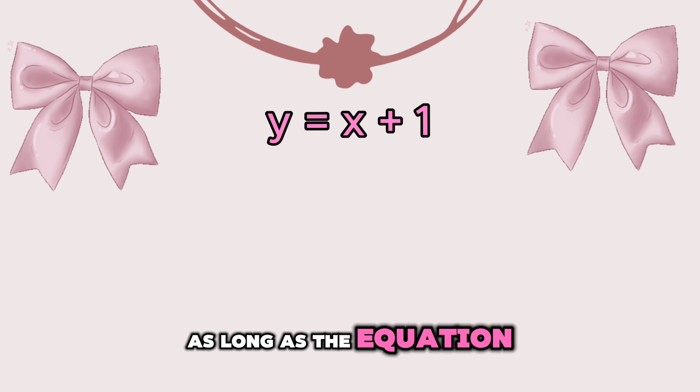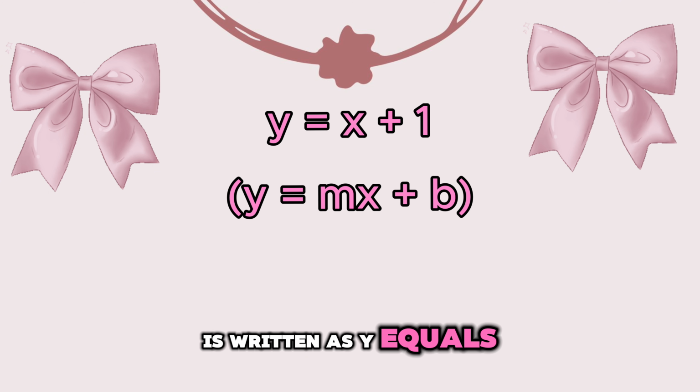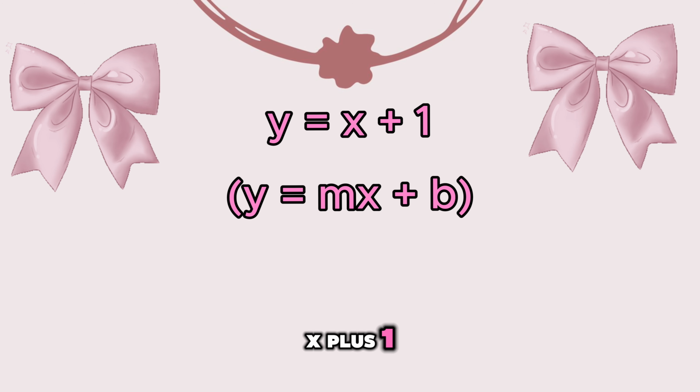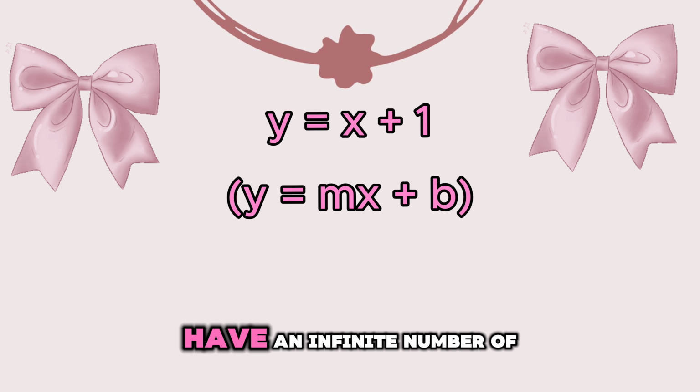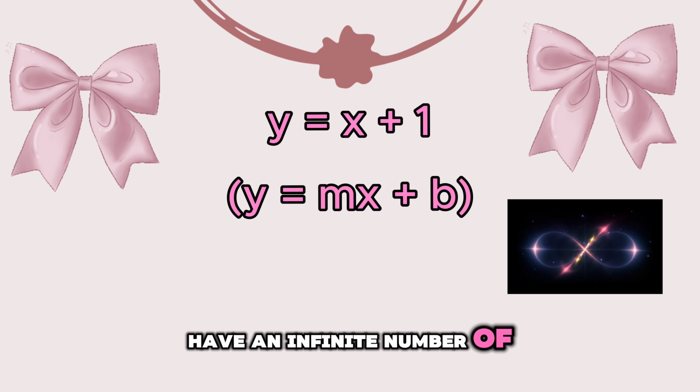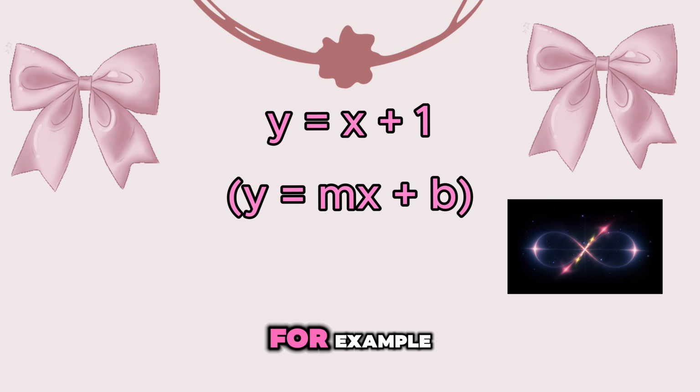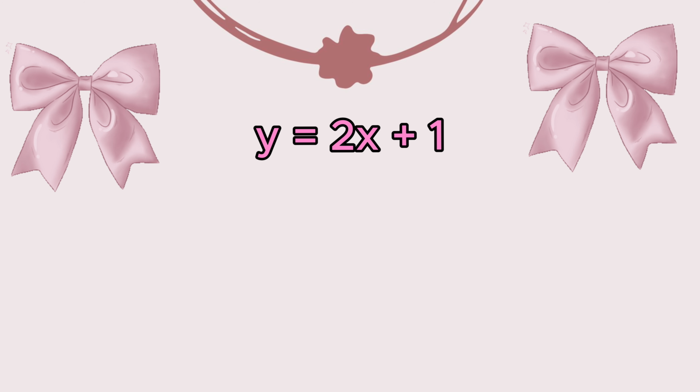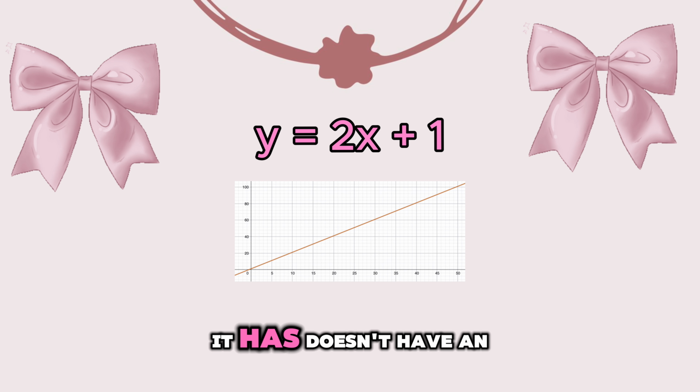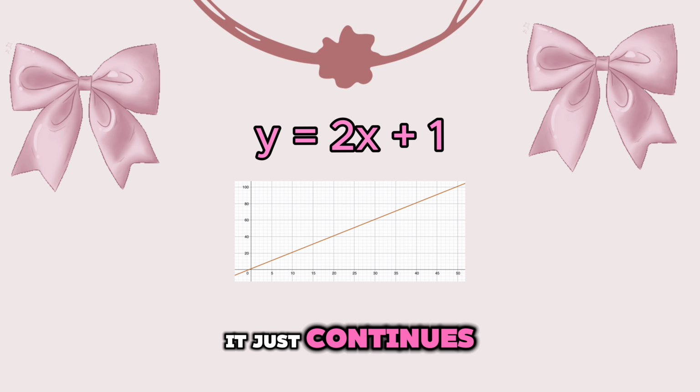As long as the equation is written as y equals 2x plus 1, the linear equation has an infinite number of solutions. For example, this. And as you can see on the graph, it doesn't have an end point or a start point. It just continues in eternity.